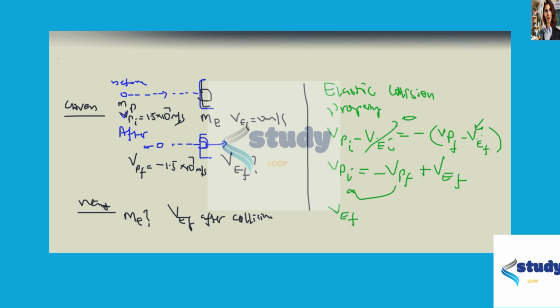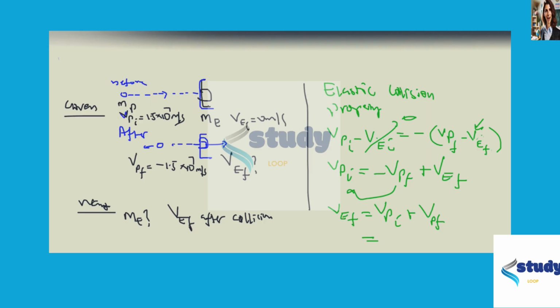So the final velocity of the element is the initial velocity of the proton plus the final velocity of the proton.